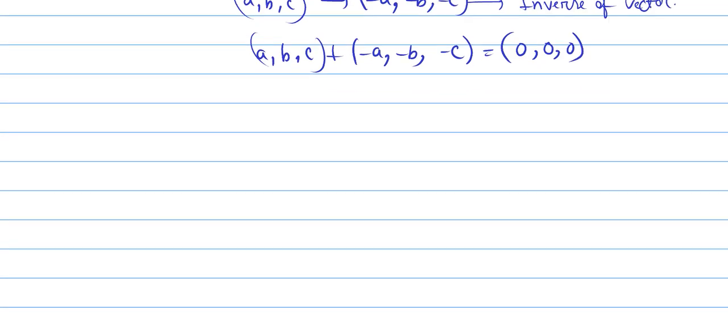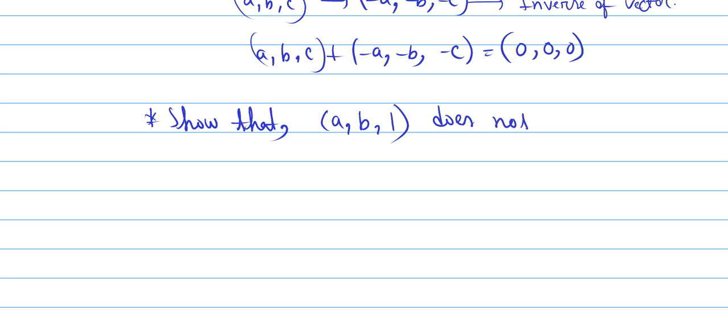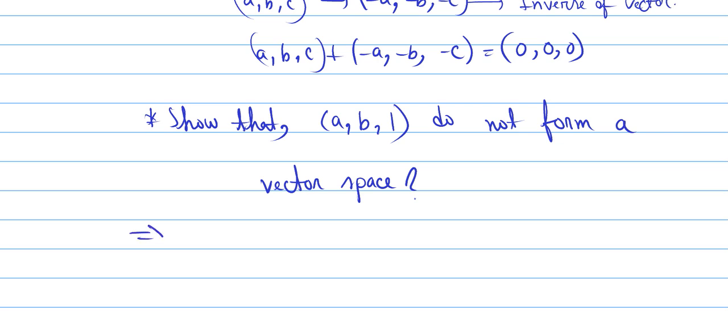Another problem is we have to show that this set A, B, 1 does not form a vector space. So it is pretty easy.